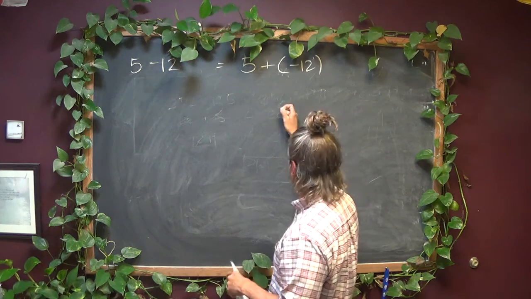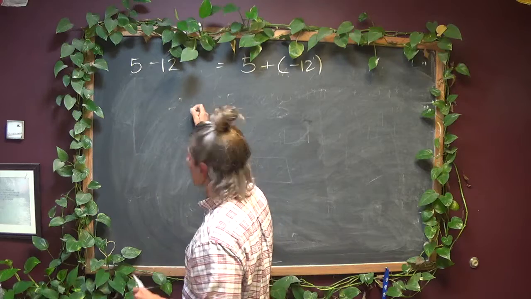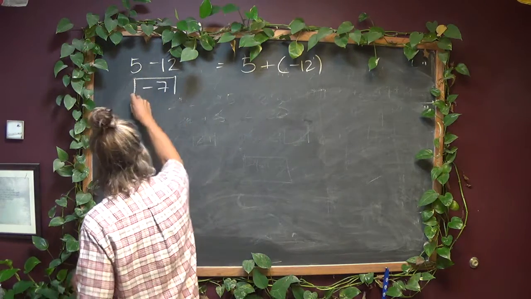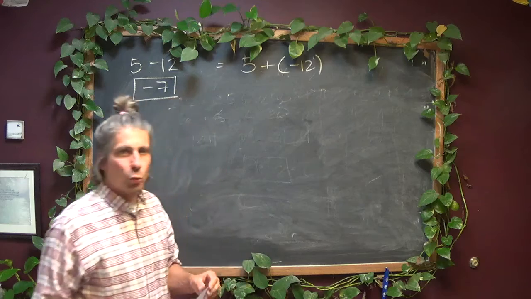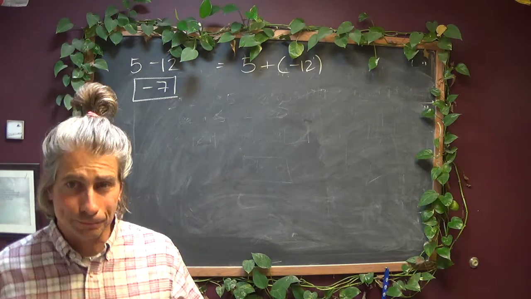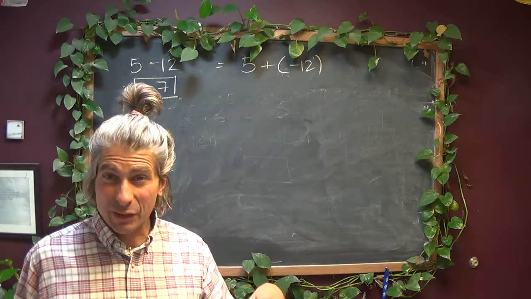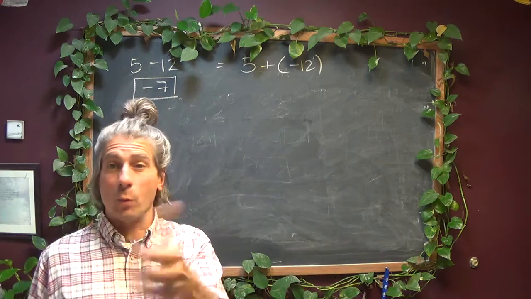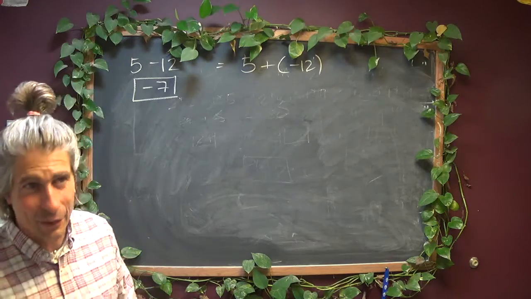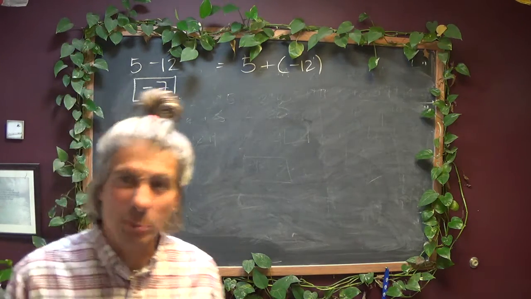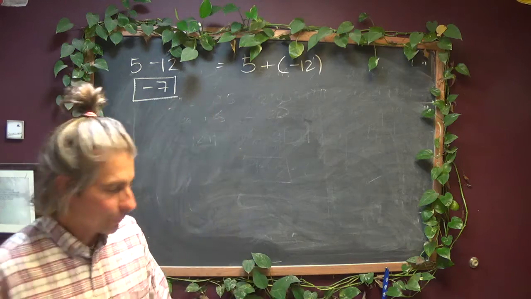So negative 1, negative 2, negative 3, negative 4, negative 5, negative 6, negative 7. So you end up with negative 7. That, I think, is probably the most agreeable way of thinking about why 5 minus 12 is negative 7. You have your own ways, that's fine too, but for somebody who's not ever understood negative numbers, I do believe this is probably the easiest way of dealing with it.